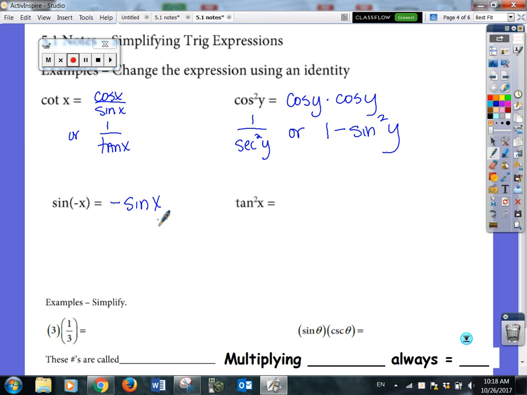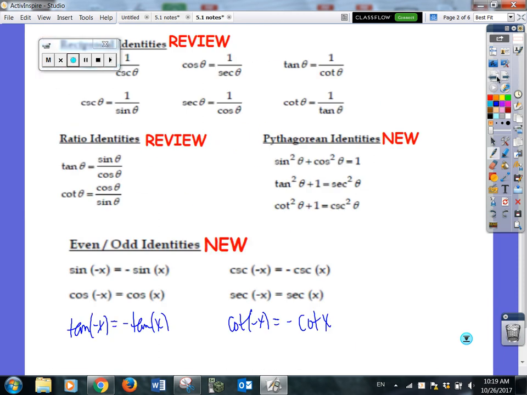Tangent squared x, we could do that a couple different ways. We could make that sine squared x over cosine squared x. Or, if we look at our Pythagorean identities, they include all 6 trig functions. We look at the tangent squared. So if I want to put tangent squared by itself, I need to bring the 1 over to the other side.